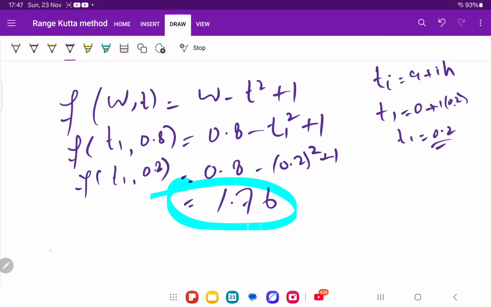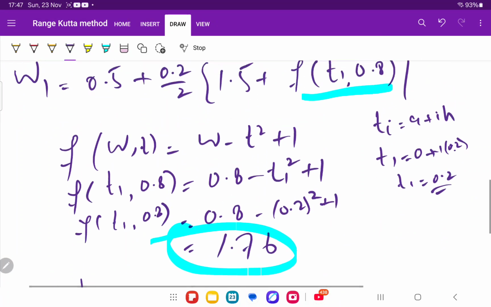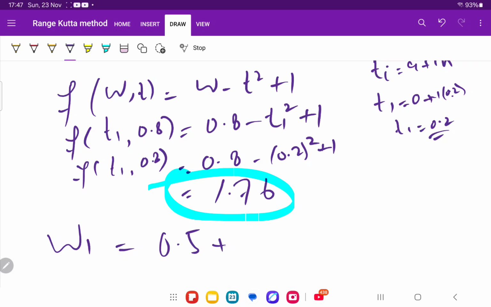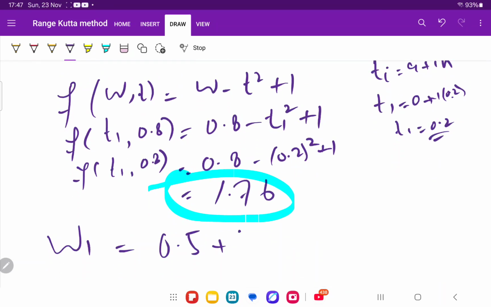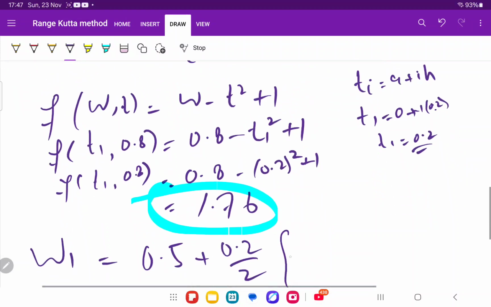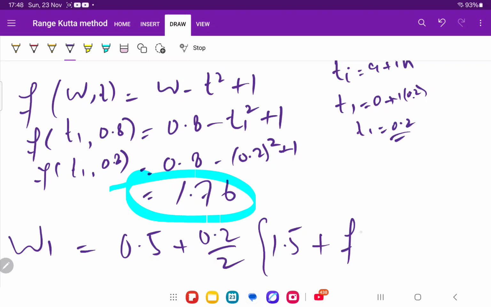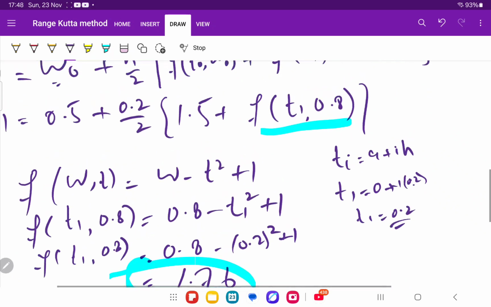So for w1, I will not be asking for too many iterations. Only one iteration will be more than enough, because it is taking too much time. 1.5 plus f, which is already calculated, 1.76.